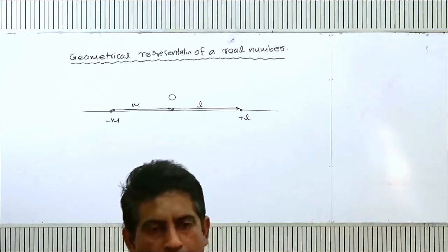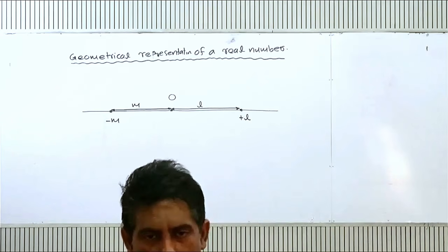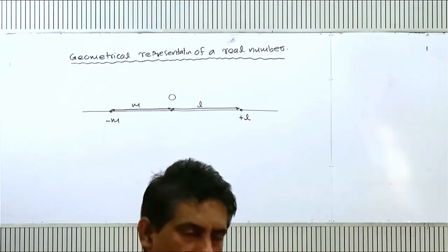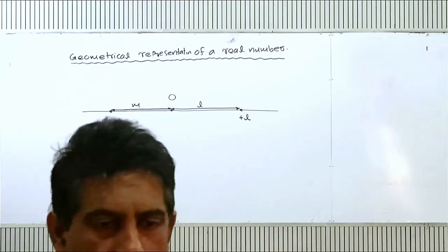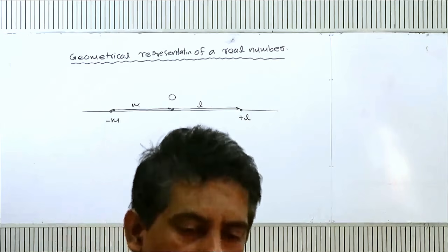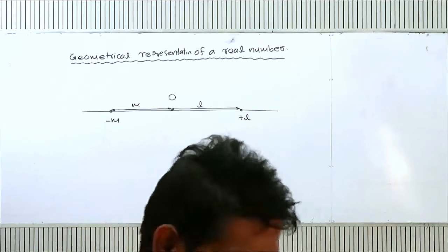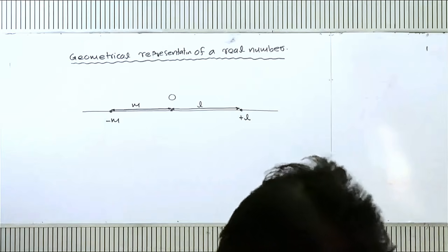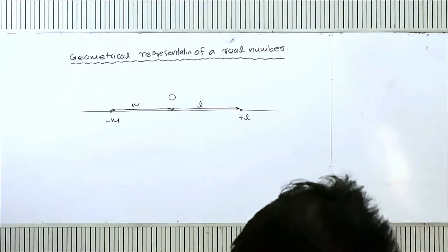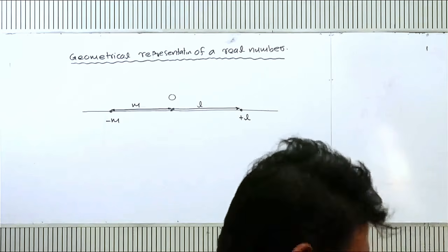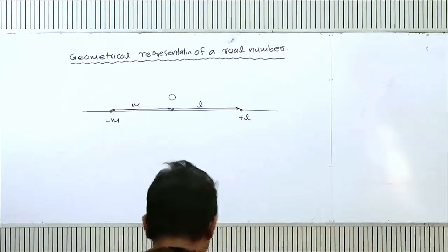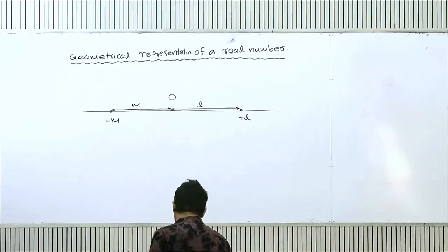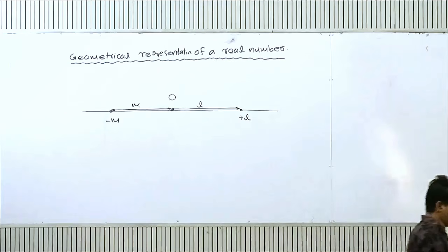Then you have to draw a small circle around that point, and you have to mark near that point 0.